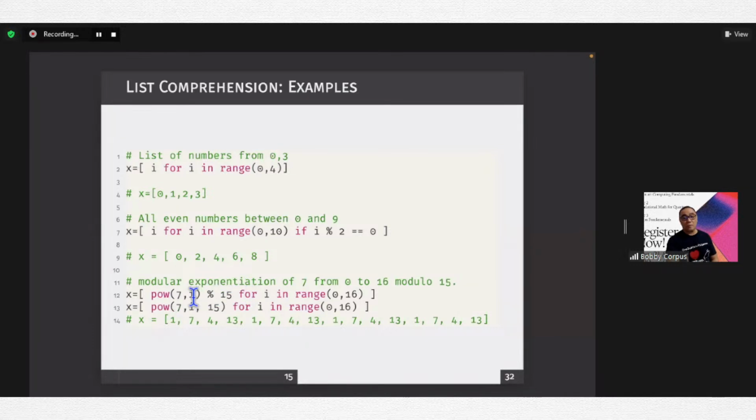So ito siya, no? So this one is also the same as this one here, no? Okay, so you can just take a look at the documentation of the power function. So ito yung makukuha mo.